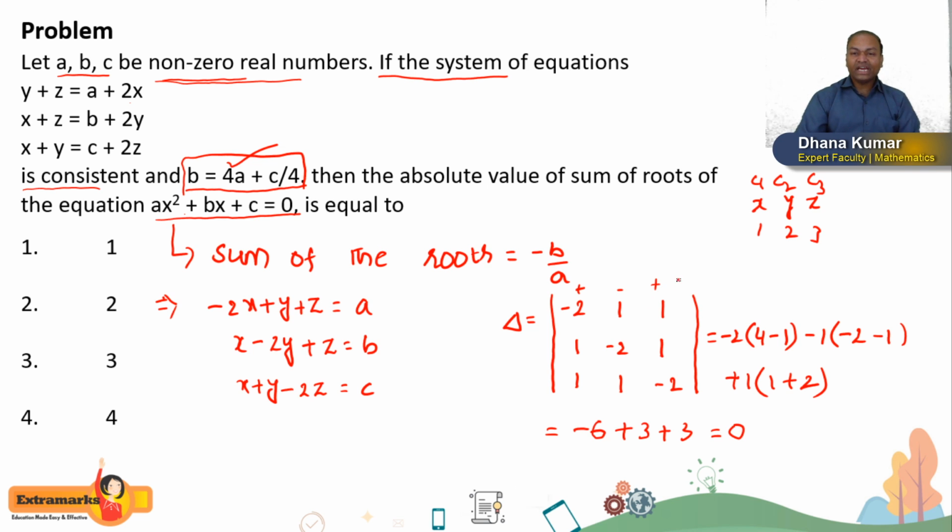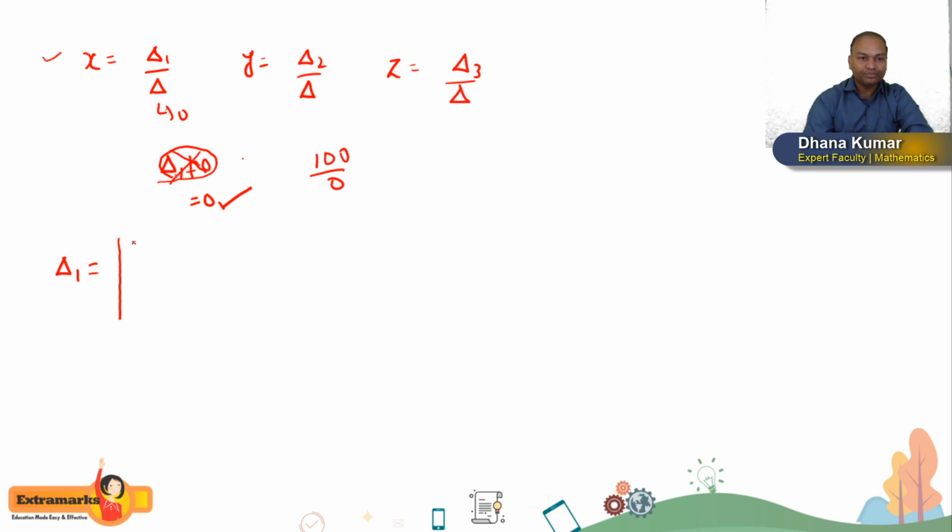Here 1 corresponds to C1. So replace the first column elements by the right hand side constants. So delta 1 is equal to a, b, c.